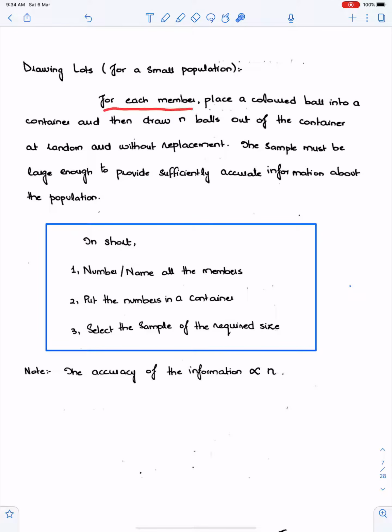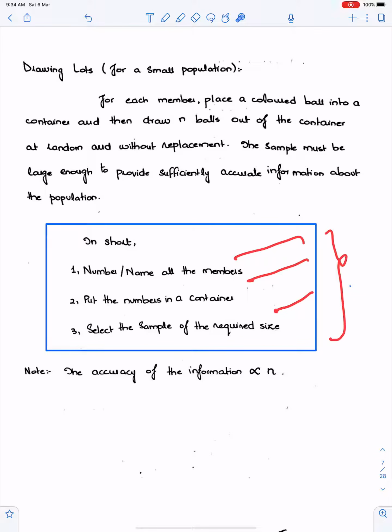For each member, place a colored ball. This is a different way. For each member, place a colored ball into a container and then draw n balls out of the container at random and without replacement. The sample must be large enough to provide sufficiently accurate information about the population. This is the drawing lots method, but in short, use this method.